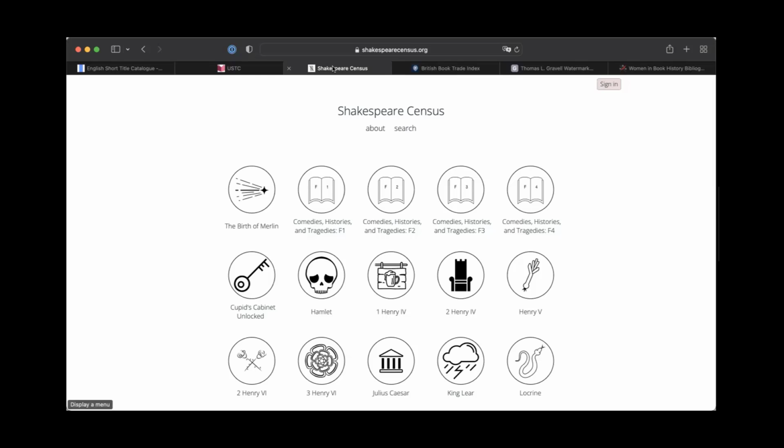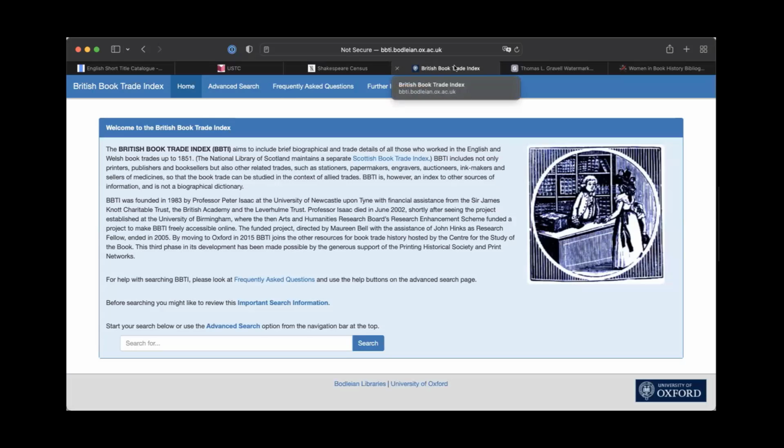If you're more interested in the people than the texts, the British Book Trade Index has you covered. This site aims to include brief biographical and trade details for all of those who worked in the English and Welsh book trade up to 1851. And if you're interested in the book trade in Scotland, don't worry, the National Library of Scotland maintains a similar database too.